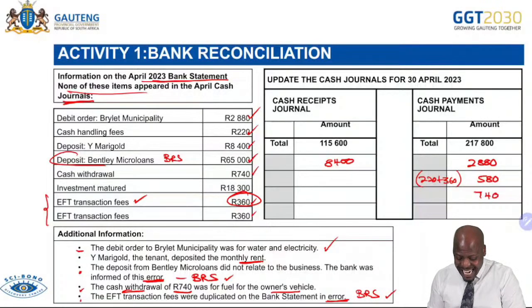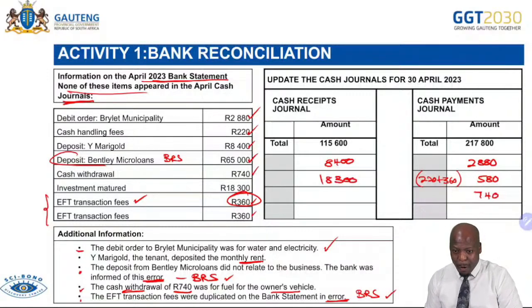We record it in the CRJ. So we come here, our investment is matured, so we have our 18,300. That is the investment that has matured. All right. So far, that is what we are having.